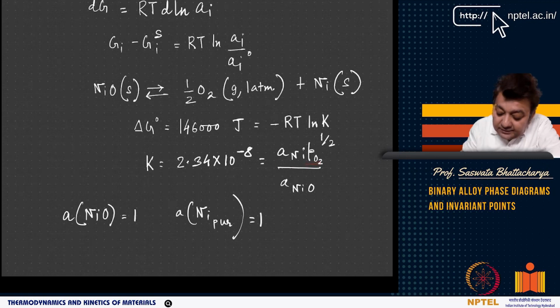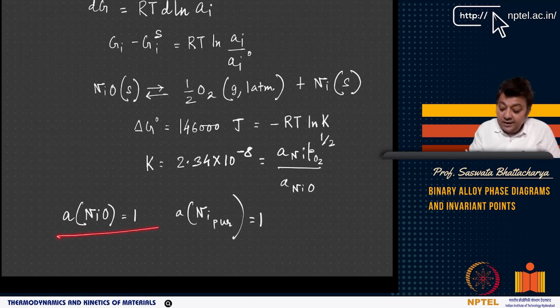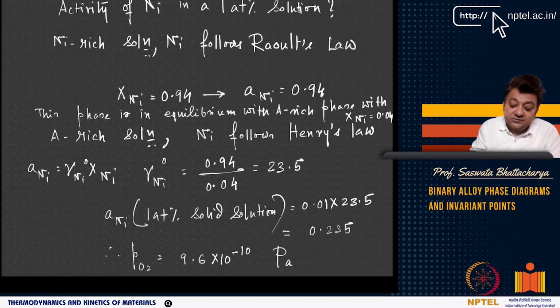These are your products in the numerator, divided by ANIO, and that gives me the equilibrium constant. Now, ANIO for pure NiO is equal to 1, and ANI pure is equal to 1.